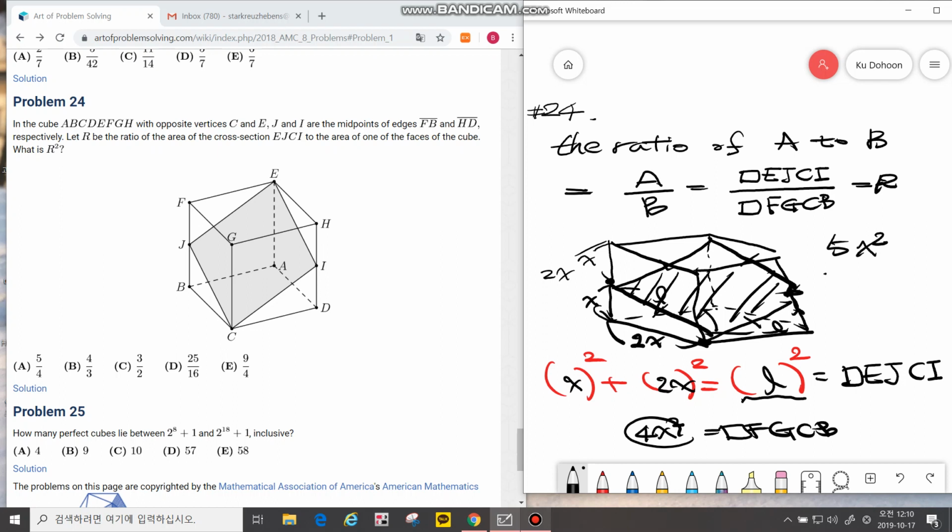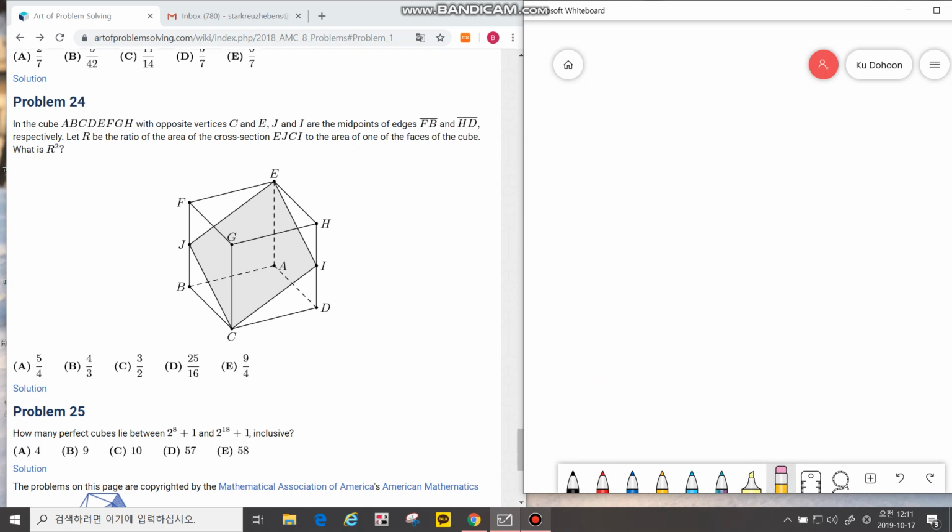So when length is not given, we can just put it as a variable and still solve it, because this simply is a ratio problem. Now our R is calculated as 5 over 4, but what we're looking for here is R squared. Therefore, R squared is 25 over 16. Okay, that's it for this.